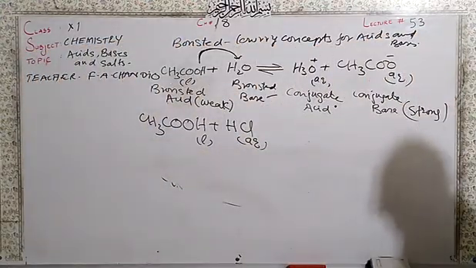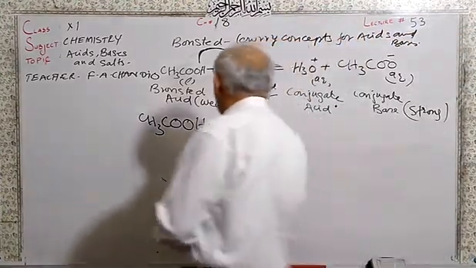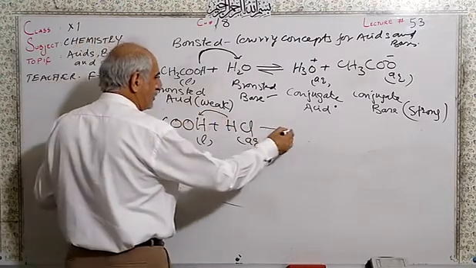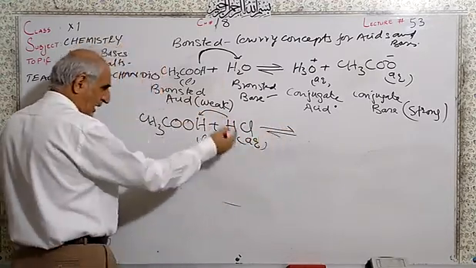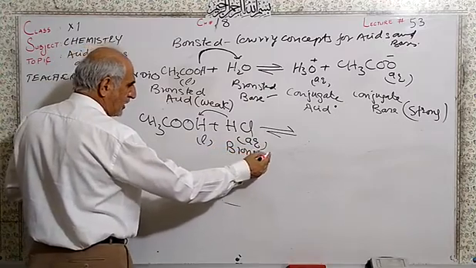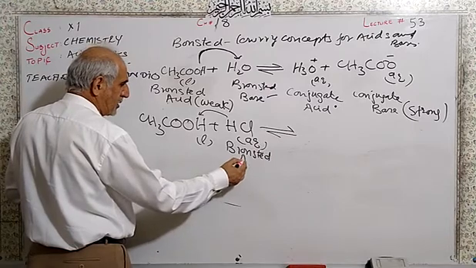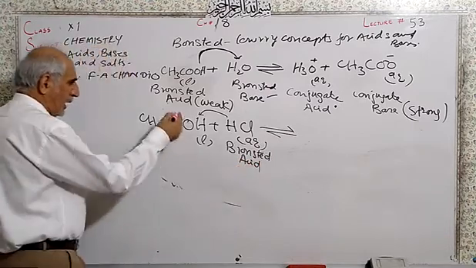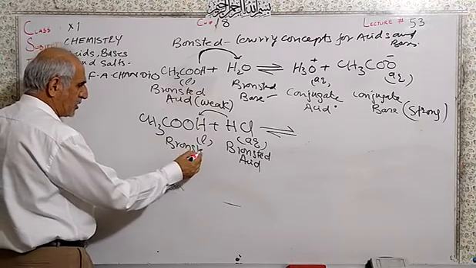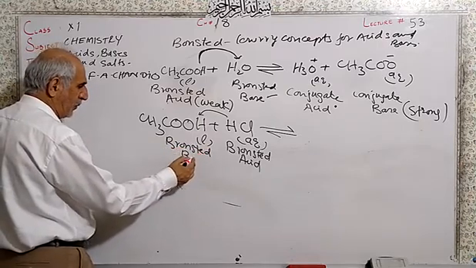So acetic acid is a weak acid, so it must accept a proton from the HCl. So this HCl is a Brønsted acid, and acetic acid is a Brønsted base.